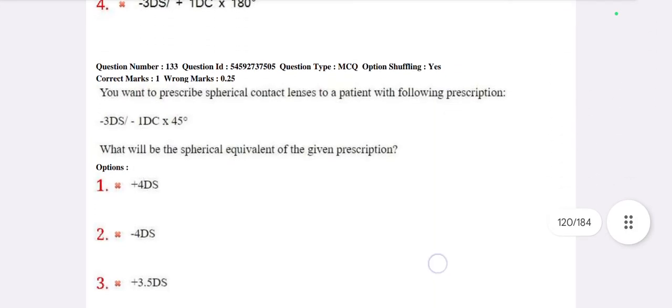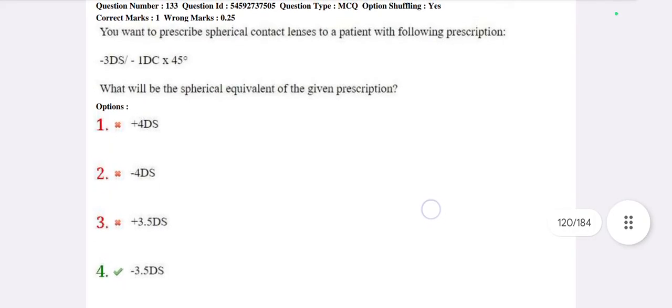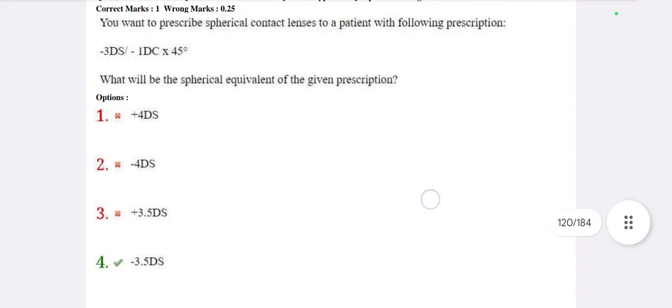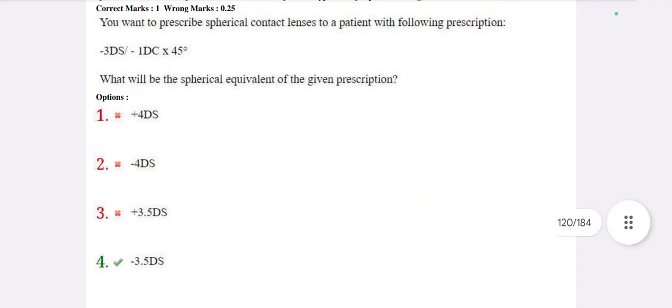Next question is, you want to prescribe a spherical contact lens to a patient with the following prescription: -3 diopter sphere, -1 diopter cylinder into 45 degree. What will be the spherical equivalent of the given prescription?